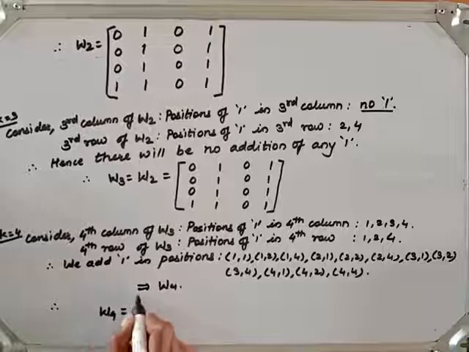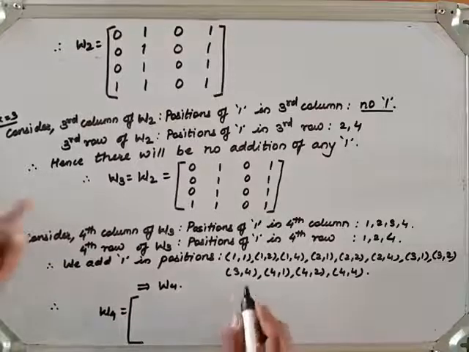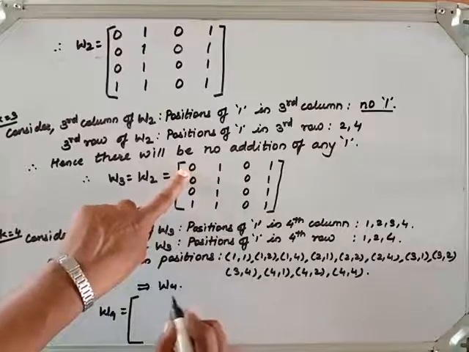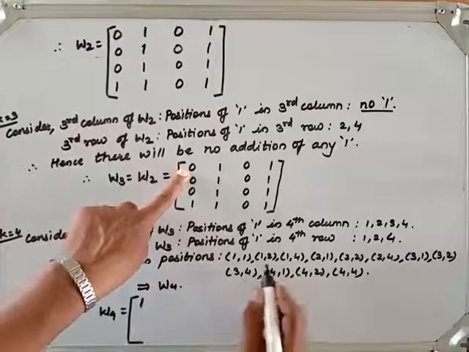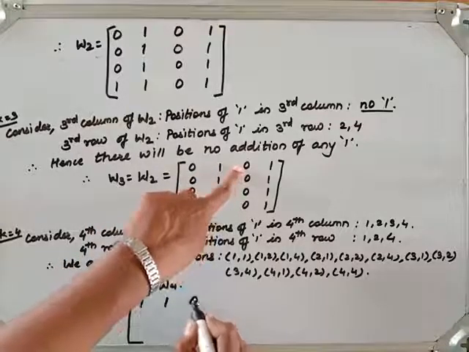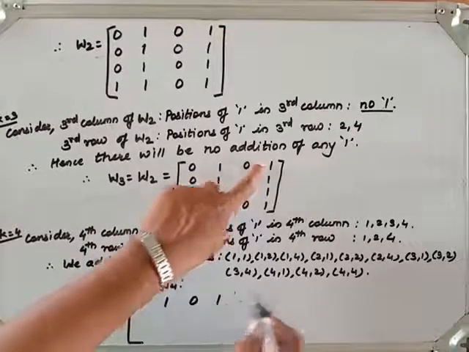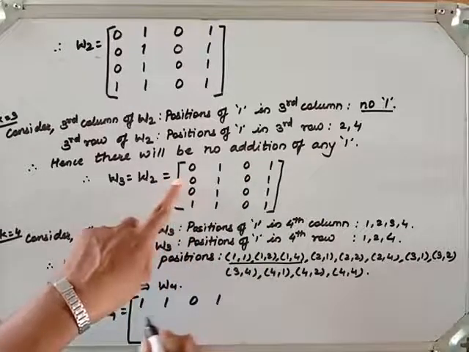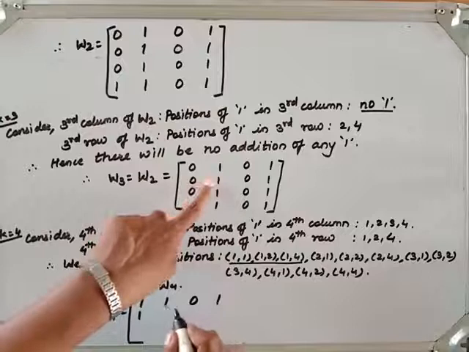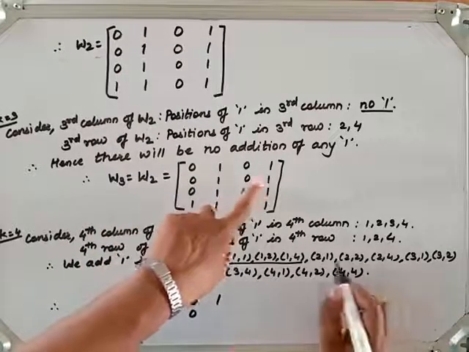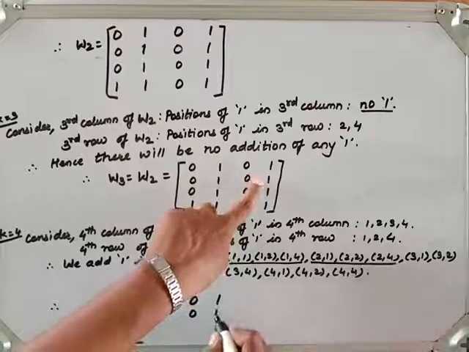W4 equals, how will it become? At 1, 1 it is 0, but here we have to add 1, so it is 1. At 1, 2 it is already there. 1, 3 is 0. At 1, 4, 1 is there. Now 2, 1, so we get 1. 2, 2 is already 1. 2, 3 is not there, 0. 2, 4 is already 1.